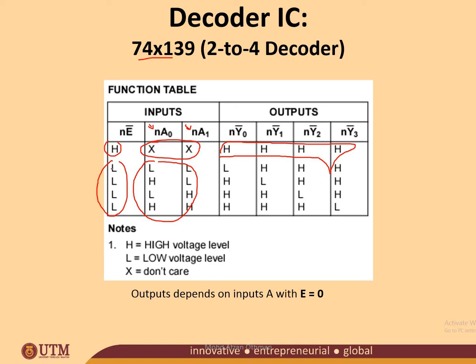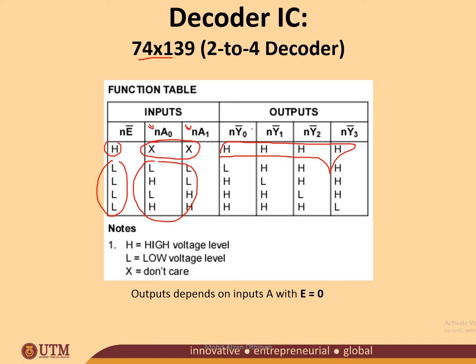And when we have low at enable, the chip is enabled to perform the decoder function, so we will start having low output at the active low outputs, with respect to the combination of the inputs.